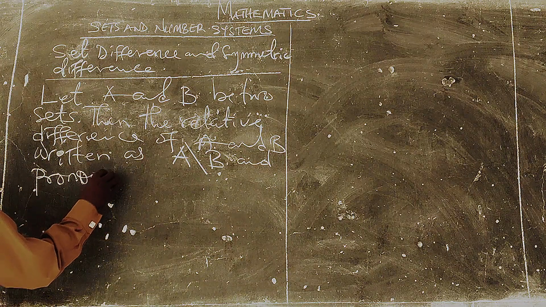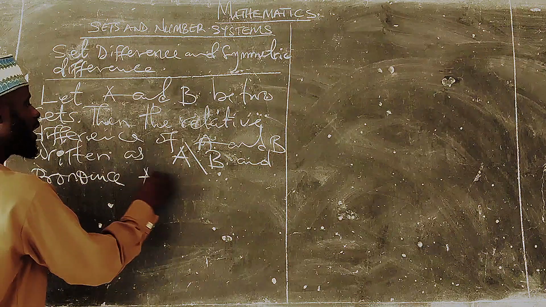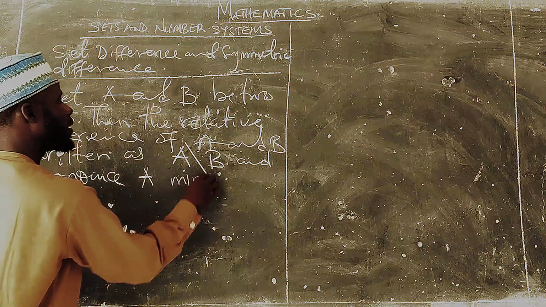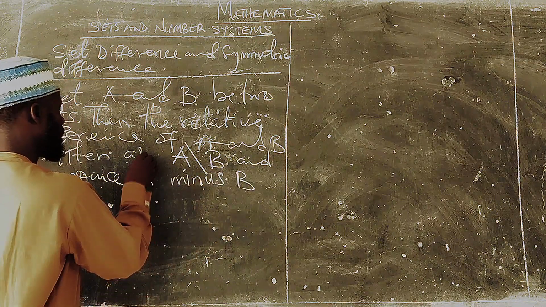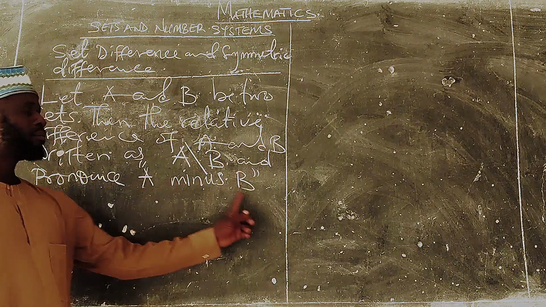Pronounced A minus B. This is how we say A minus B.